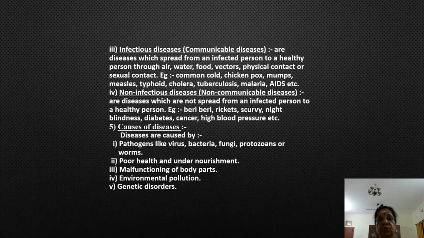Examples: common cold, chickenpox, mumps, measles, typhoid, cholera, tuberculosis, malaria, AIDS, etc. These are the examples of communicable diseases given in our textbook. Right? Whereas non-communicable diseases are those which are not spread from an infected person to a healthy person.